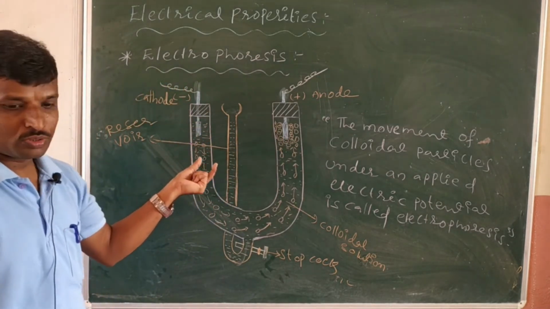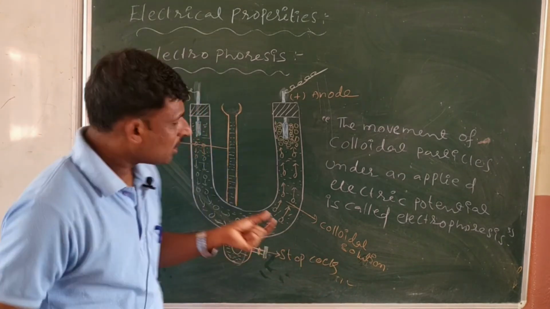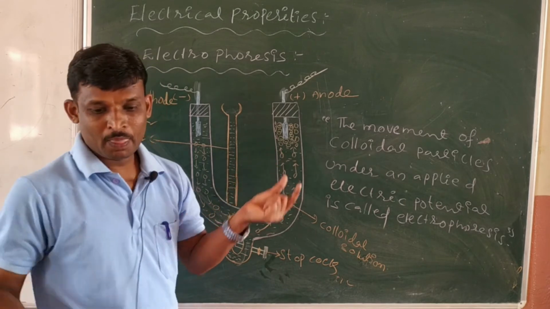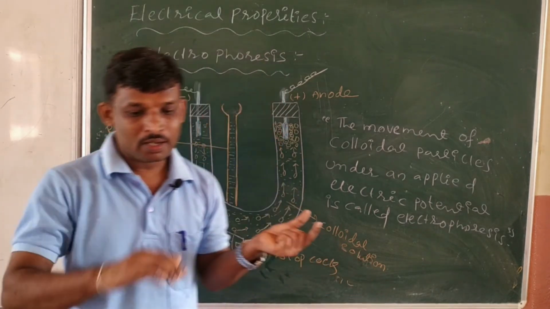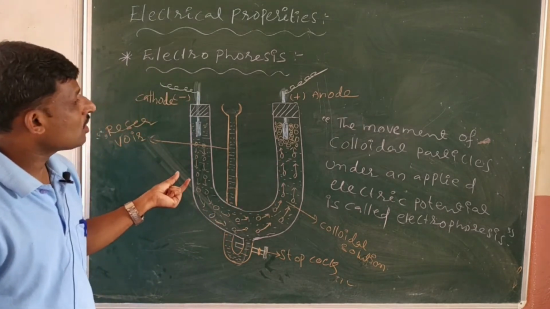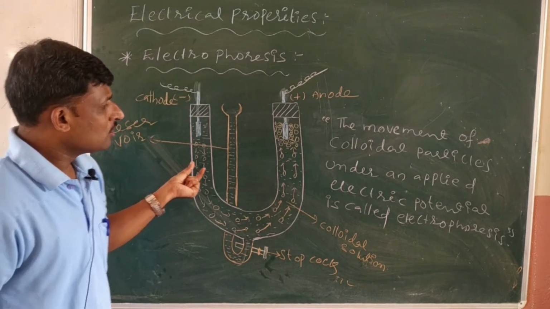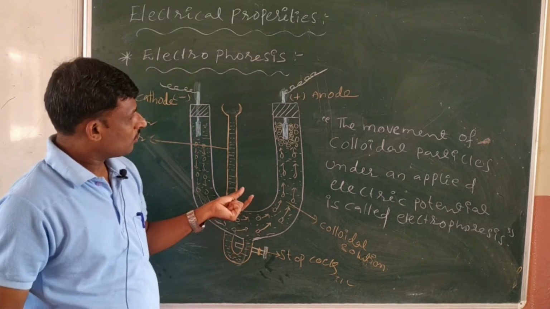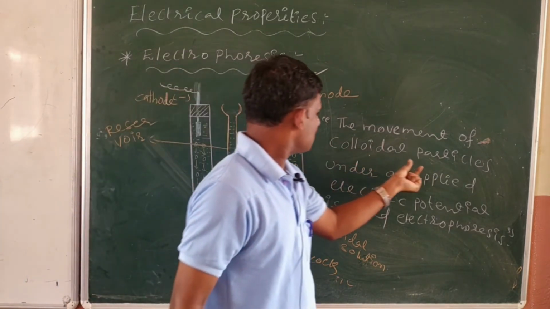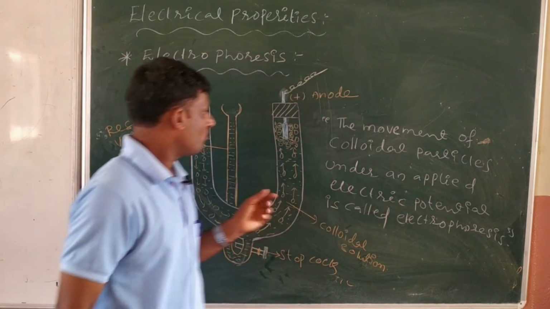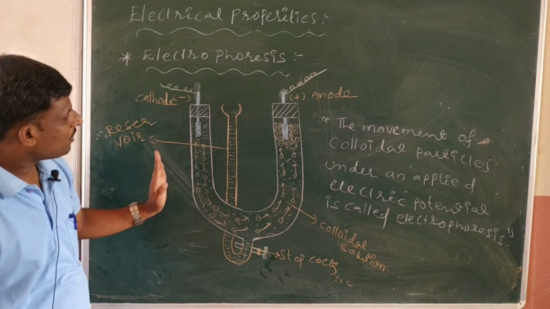When an electric potential is applied across the platinum electrodes dipping in the colloidal solution, the movement of colloidal particles takes place. The movement of colloidal particles under an applied electrical potential is called electrophoresis.